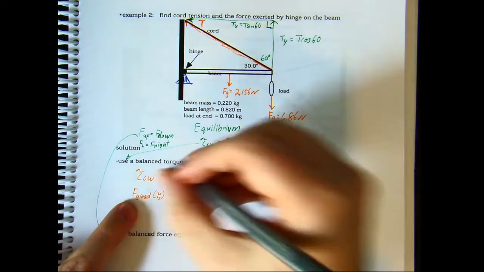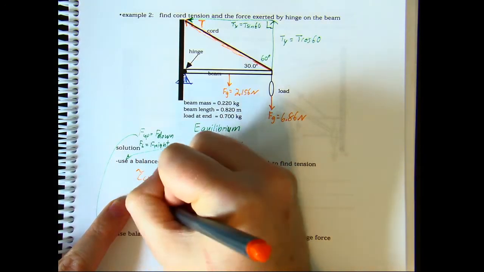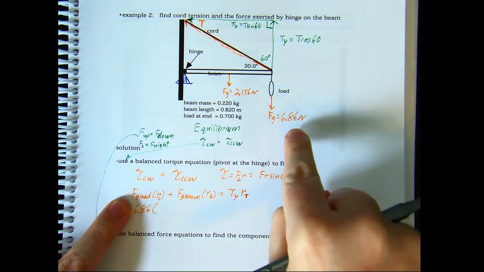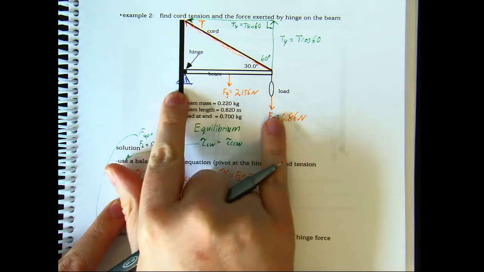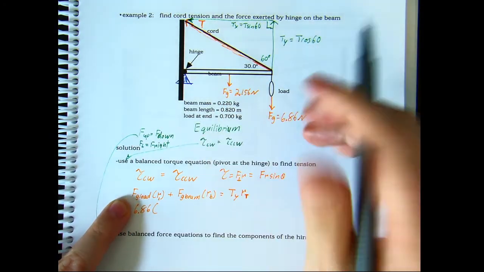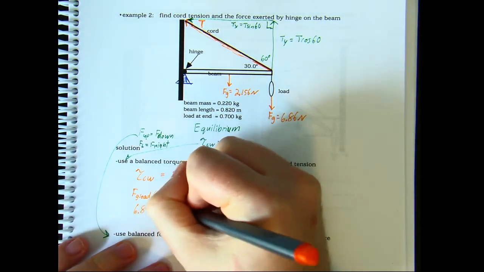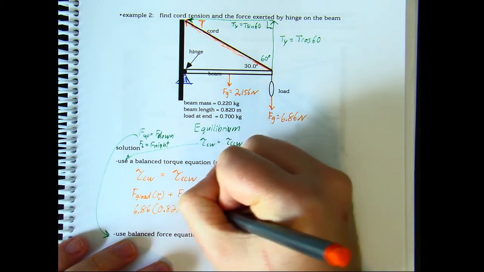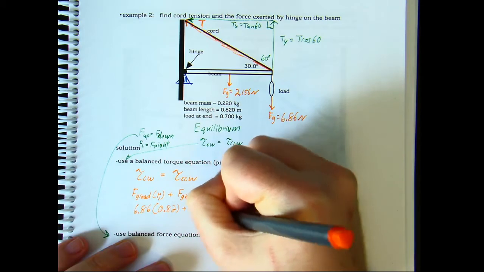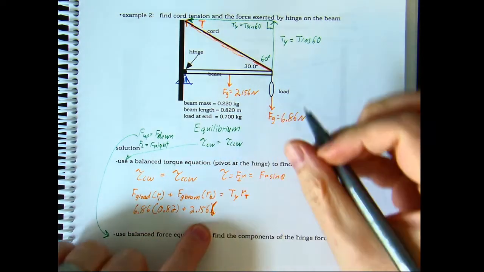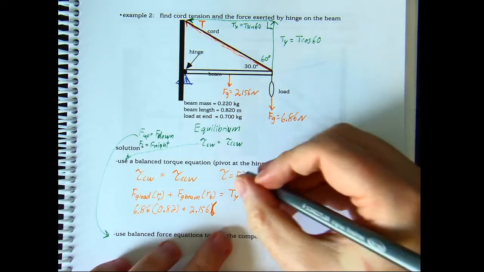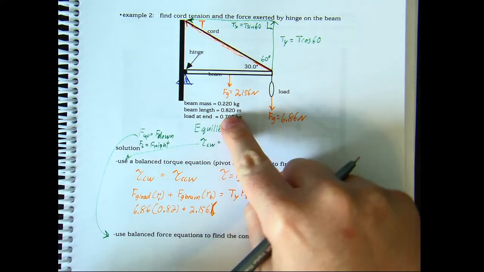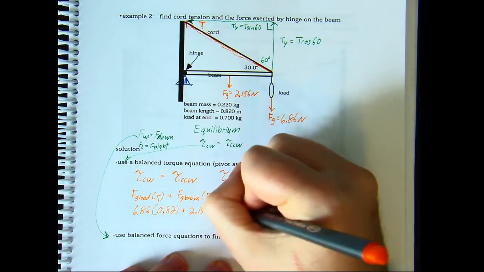Fg from the load is 6.86. The distance from the pivot to the load is the length of the beam, so that's 0.82. Plus Fg from the beam, which is 2.156, times the distance from the pivot to the middle of the beam, which is half the beam length, 0.41.